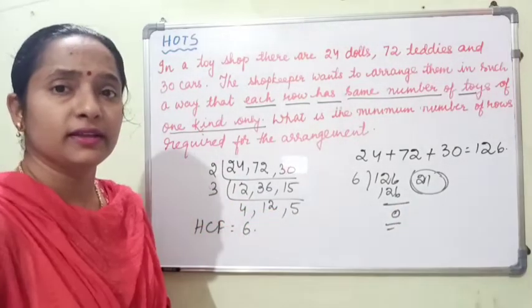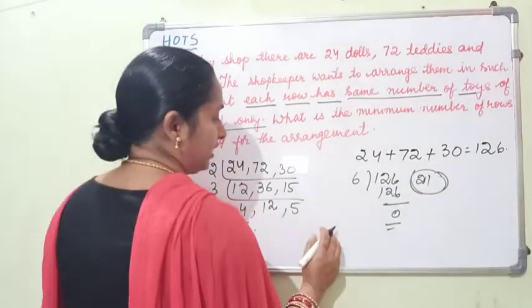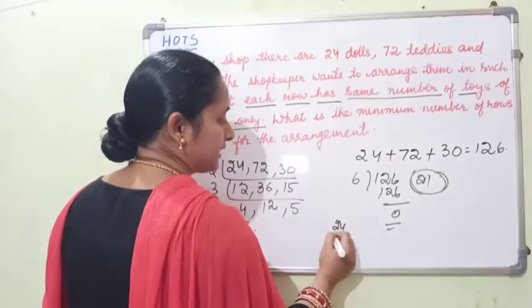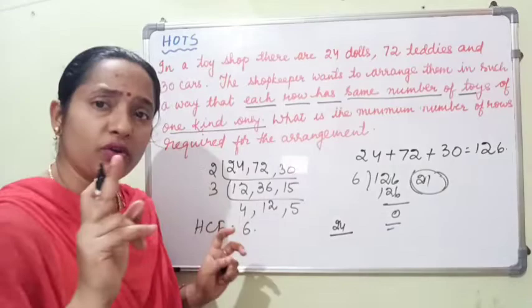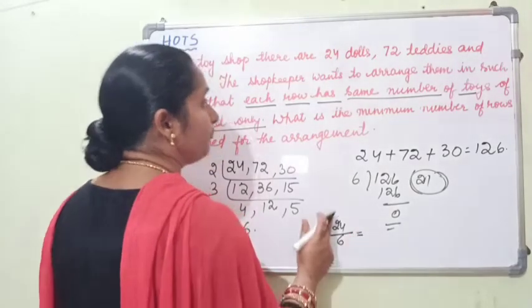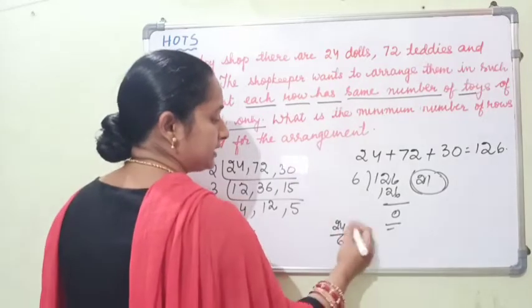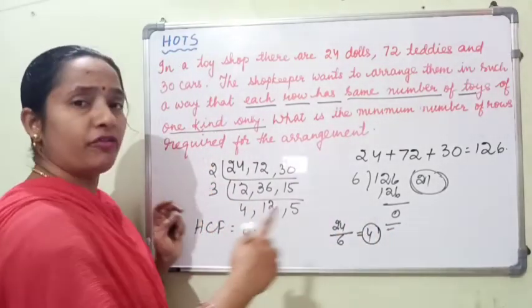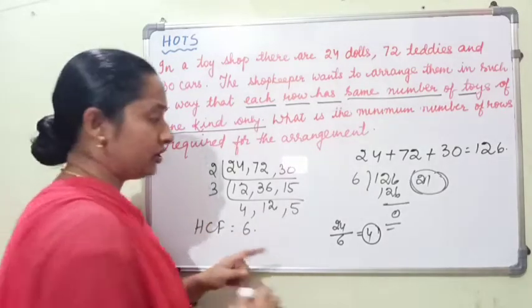This can also be clearly seen. If you are taking the 24 dolls, and in each row you are arranging 6 toys, how many rows will be occupied for 24 dolls? 6 fours are 24. This means you are taking 4 rows for dolls.